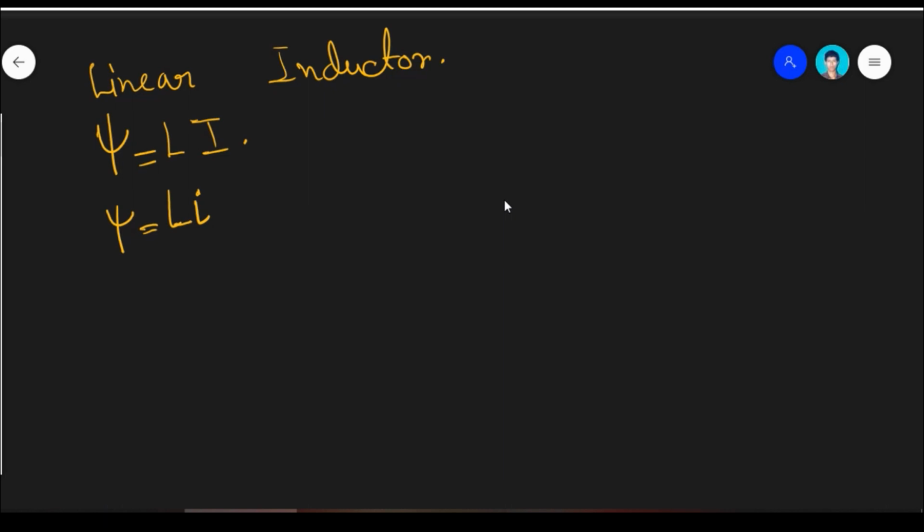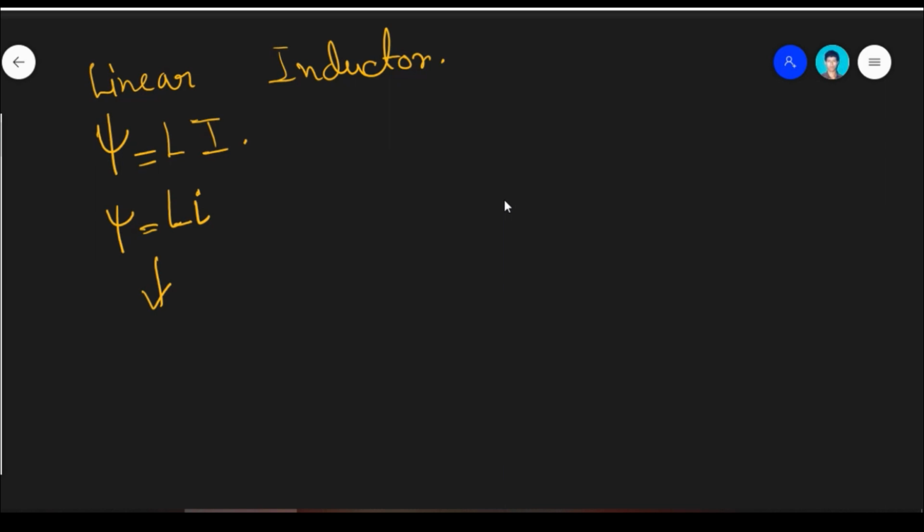What does this imply? This implies that irrespective of the magnitude of your input current, your flux linkage will vary proportionately with your current.